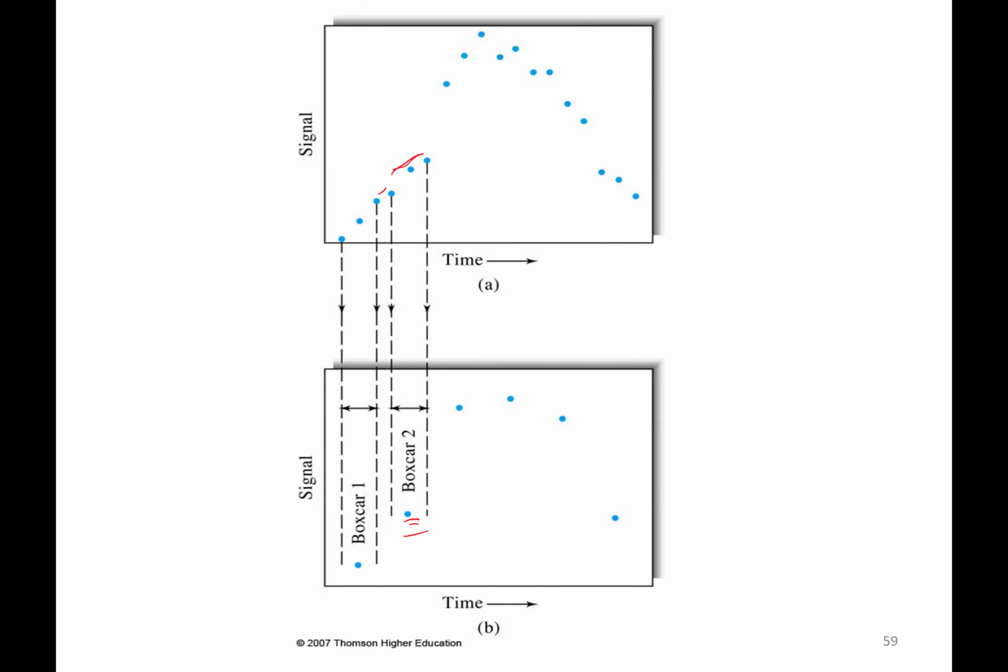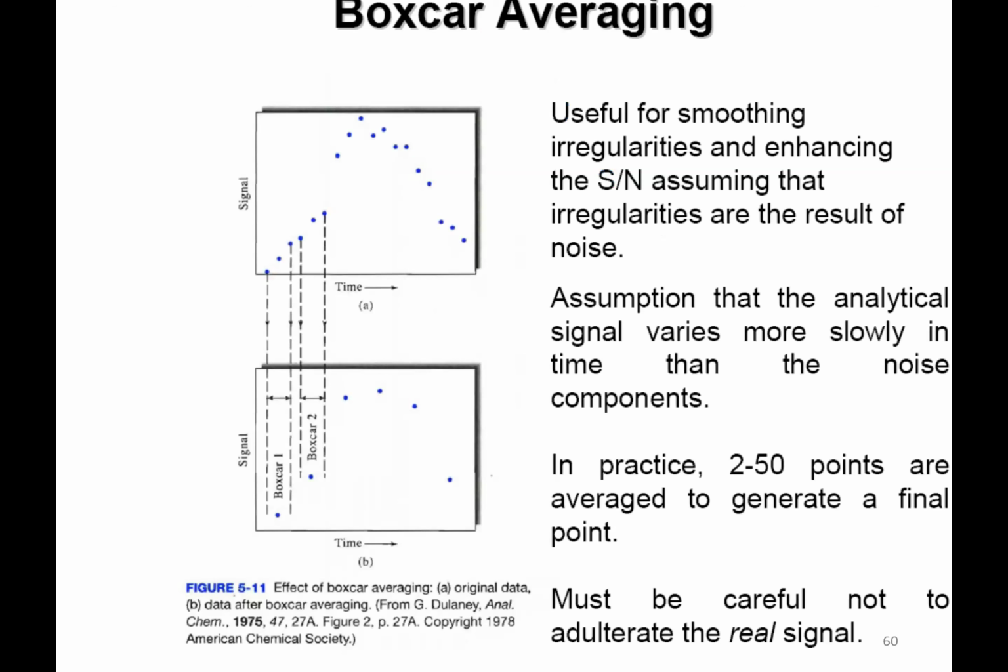So when is it that you will not lose this? The assumption for boxcar averaging, we have said it's useful for smoothing irregularities and enhancing signal-to-noise ratio, assuming that the irregularities are the result of noise, that is random. And the assumption is that the analytical signal varies more slowly in time than the noise components. That's when you can use this.